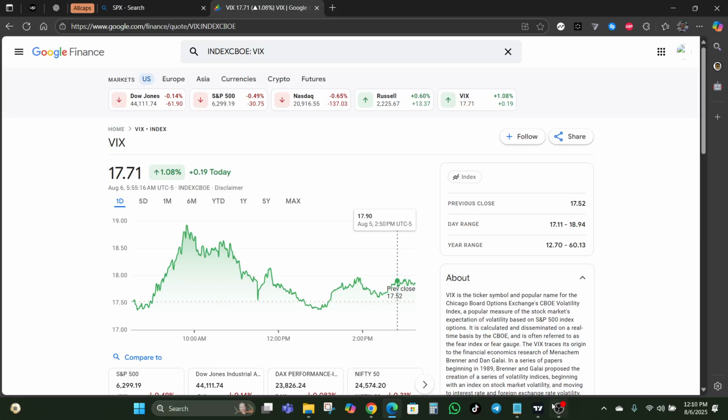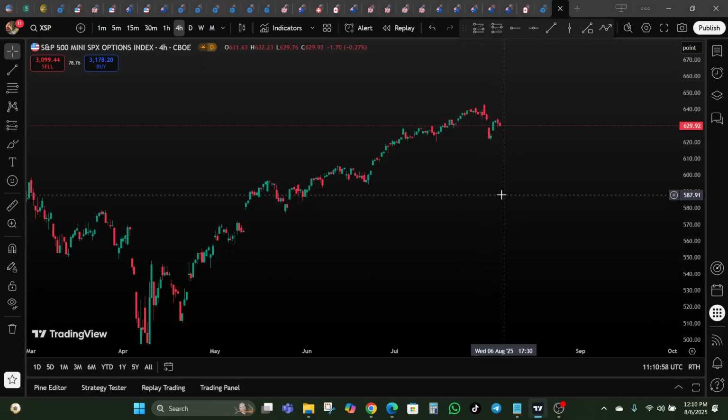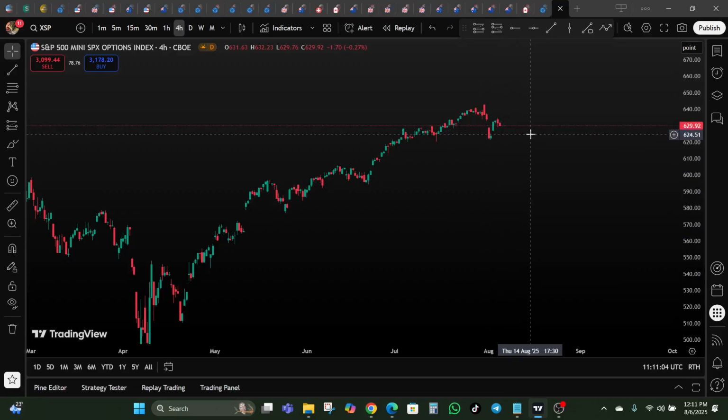Another mistake is ignoring macro context. Always know if there is FOMC, CPI, or earnings heavy sessions that could whip volatility. Such sessions could impact the market movement at a given time, so you want to stay clear of trading during such news releases. Do not make the mistake of ignoring macro context.